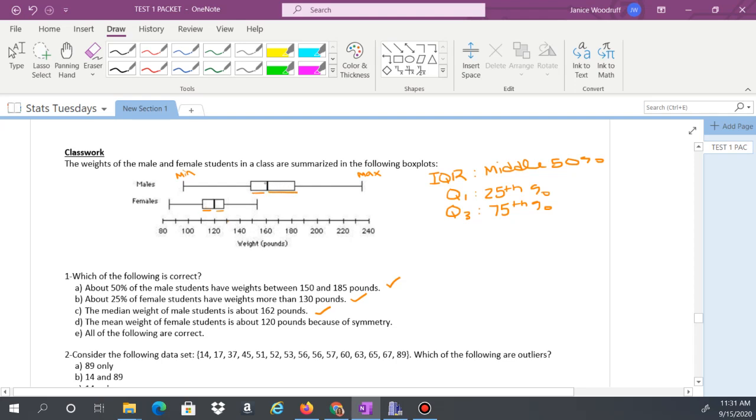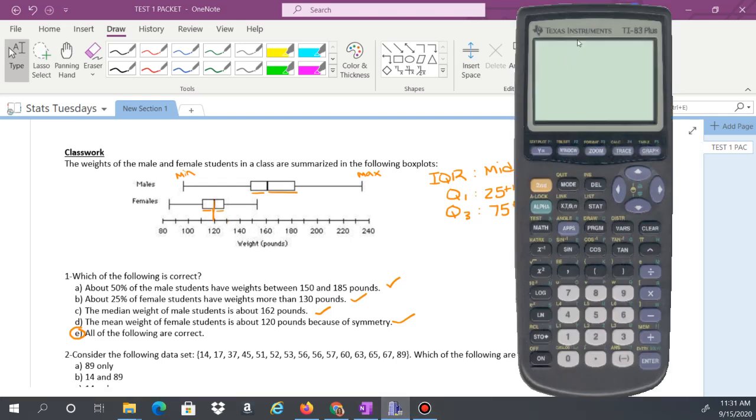You've got a lot more in this area than you do over here. So because of symmetry, we're going to say yes, the mean and the median are going to be really close to each other because these are very close sized boxes. All right, and then that means E, all of the following are correct.